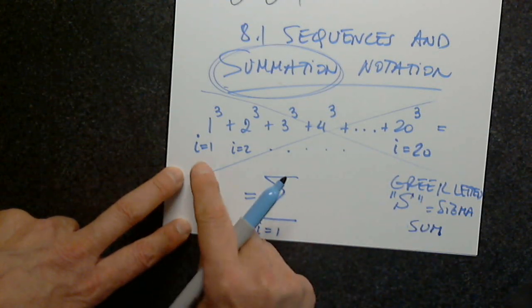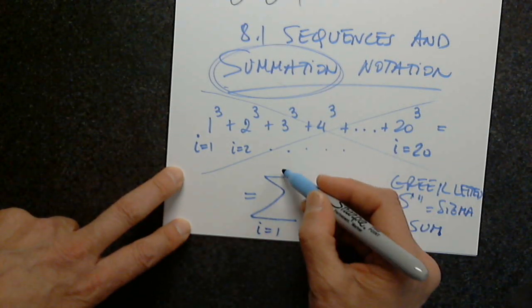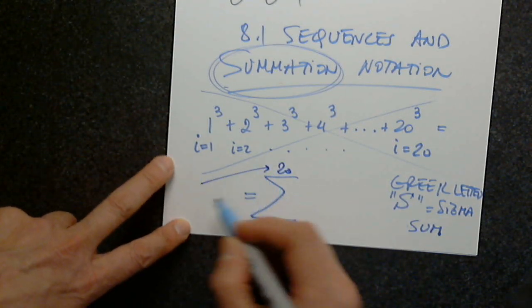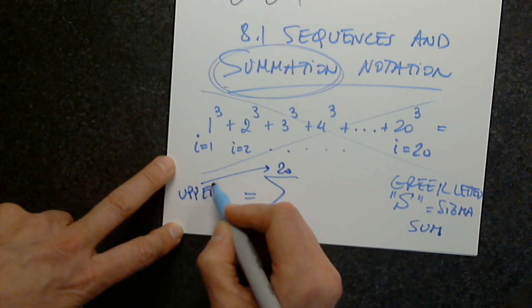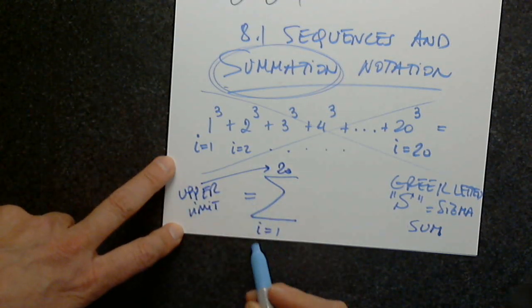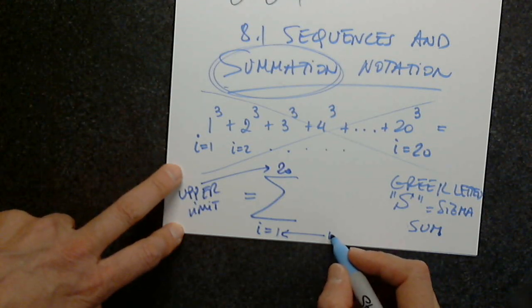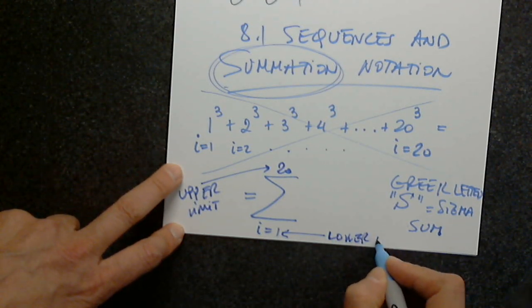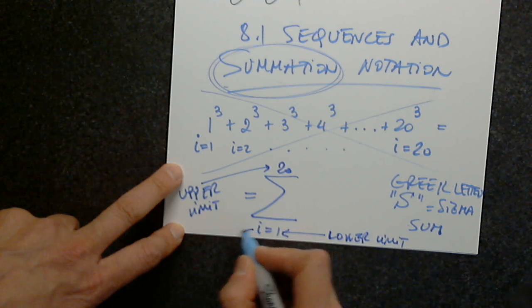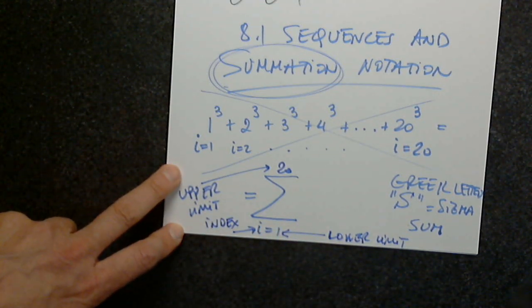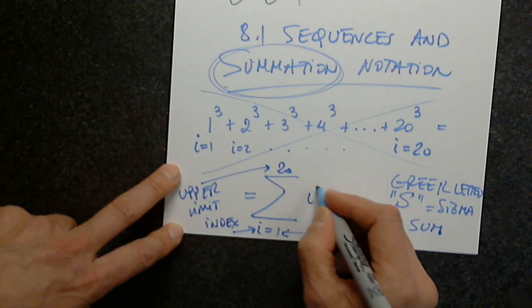From I equals 1 till what is the last one again? Very good. This is called the upper limit. And this number 1 here is the lower limit. And I is called the index, from I to the third power.